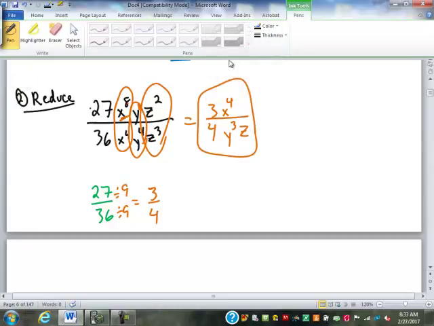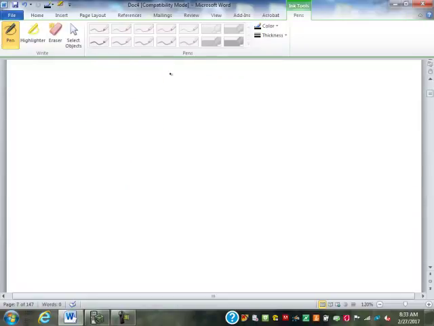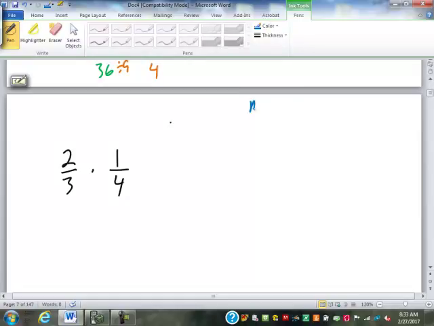Okay, that's going to take us to our next step, where we're going to start combining fractions, multiplying fractions. So if I have 2/3 times 1/4. If you recall, when we multiply or divide numbers, we don't need the same name.